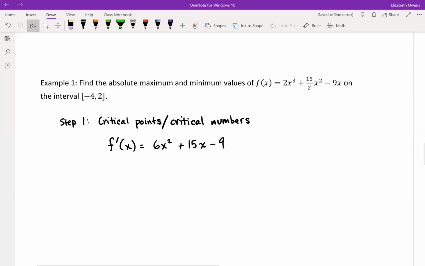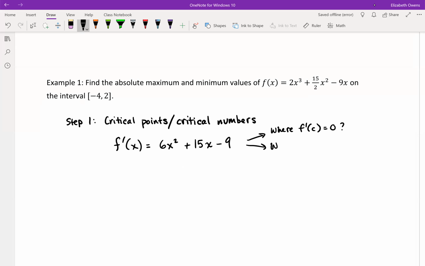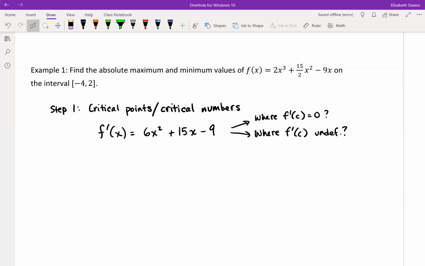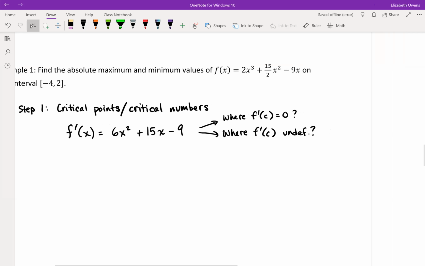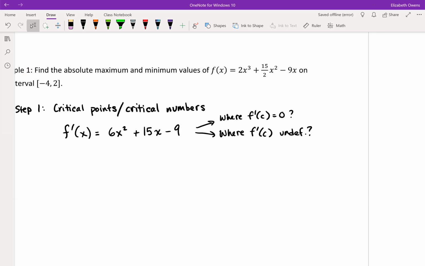And we want to take this and see where this equals 0 and where it's undefined. So that would be the things to look for our critical points. Now, the second one of those, where is f prime of c undefined?